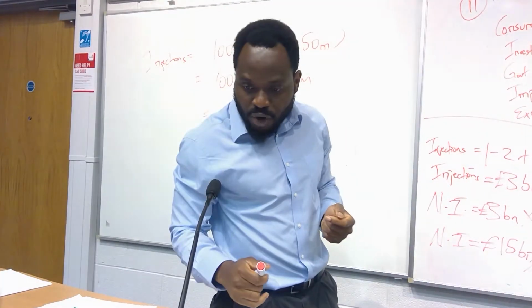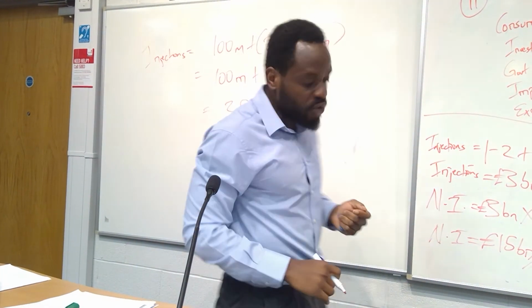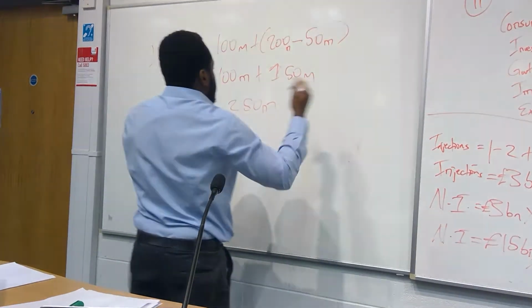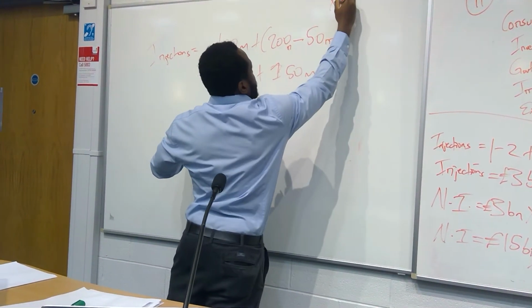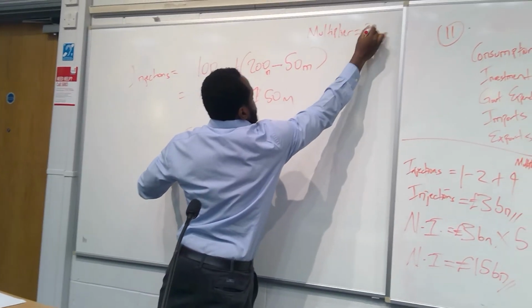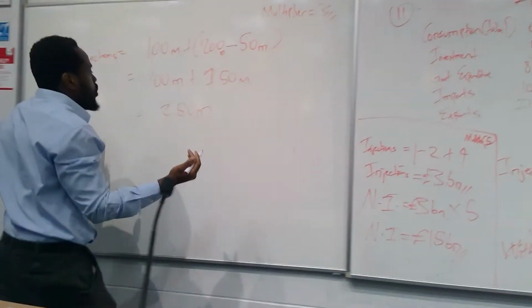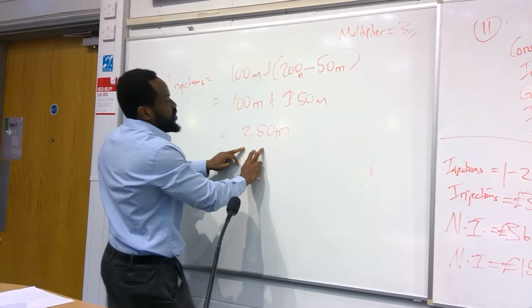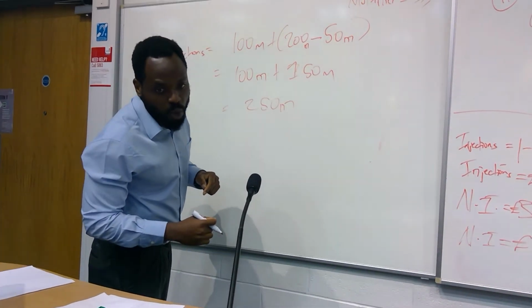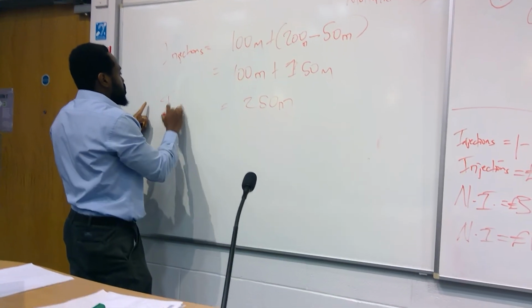And then we are told the multiplier has a value of 3. There we had 5, but here we have 3. So all we have to do is multiply 250 by 3. That's how much national income would rise by.